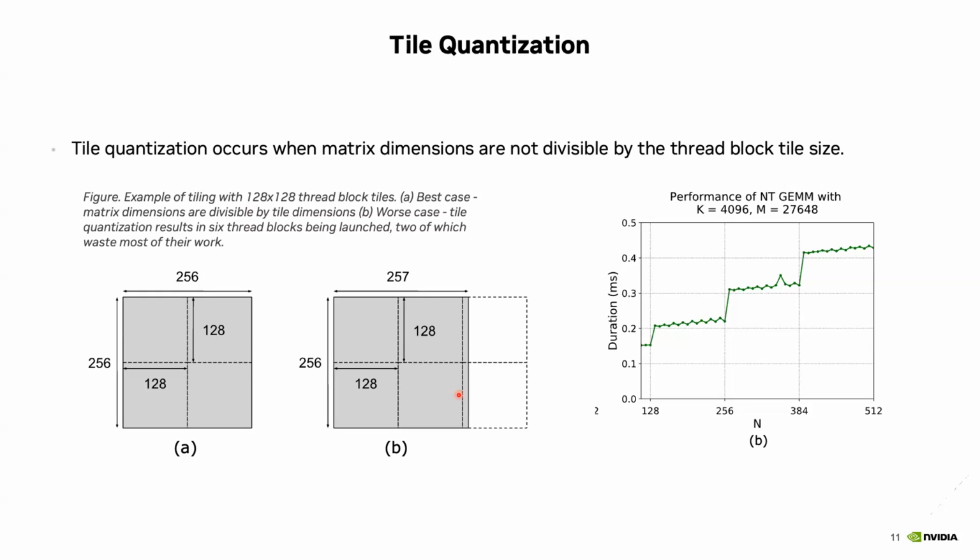This means we need to carefully choose our matrix size so that it fits into SMs, and moreover that we maximize the number of SMs we use on the GPU. The image on the right shows that if I vary one of these dimensions, I see a stair-like pattern where my duration increases significantly if I just add, let's say, one more channel. We will see this in my later presentation on how we can use this to prune neural networks better.